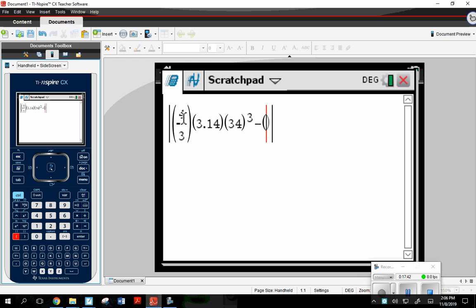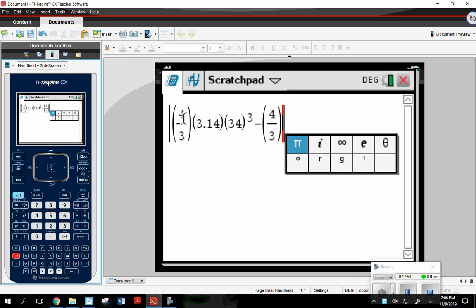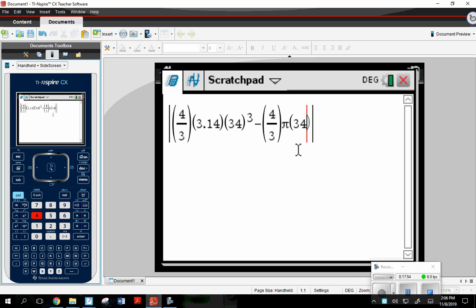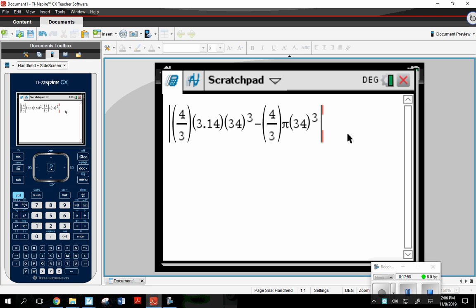Parentheses, control divide, 4/3, but now we're going to use the approximation for pi times 34 cubed. Would everybody agree? So here's the approximate minus the exact.